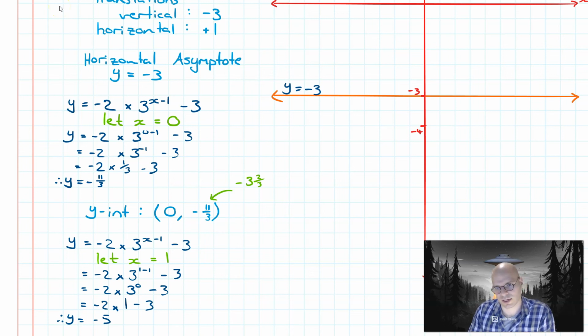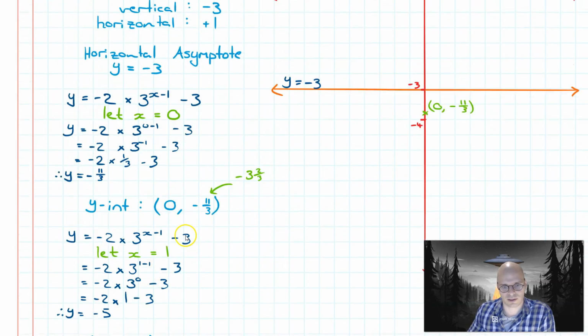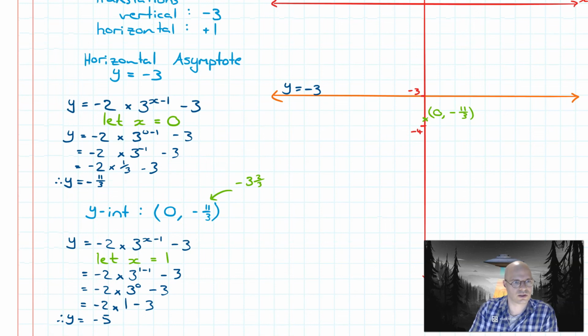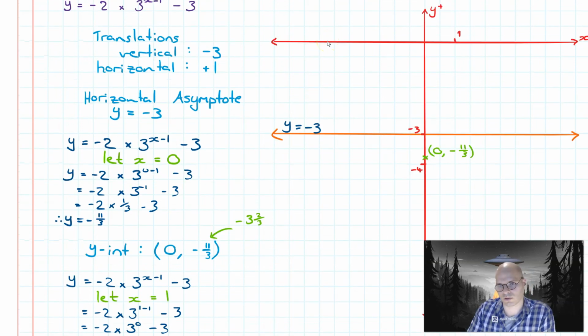So we're looking at around about there. And then the next point is 1 and -5. So this is +1 over here, and this is -5 over there. So the next plot is going to be about there.